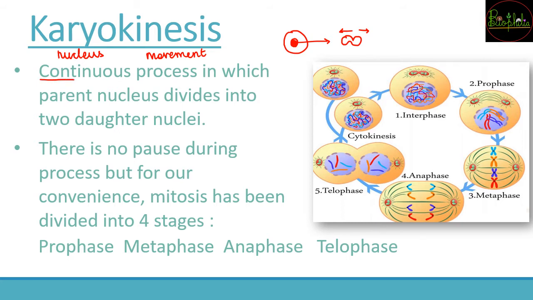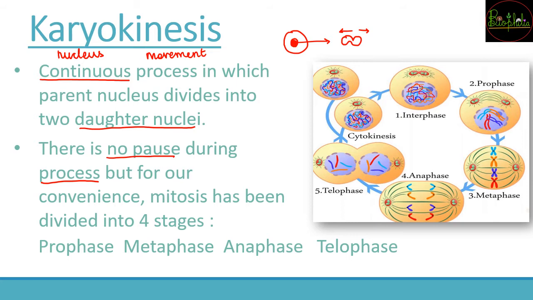It is a continuous process where the parent nucleus splits into two daughter nuclei. There is no pause between the steps, but for our understanding we will study it slowly, step by step. So for your convenience, we will give some time between the activities. But if you actually look at the cell cycle, everything goes on in such a systematic way that it may be difficult to differentiate the phases.